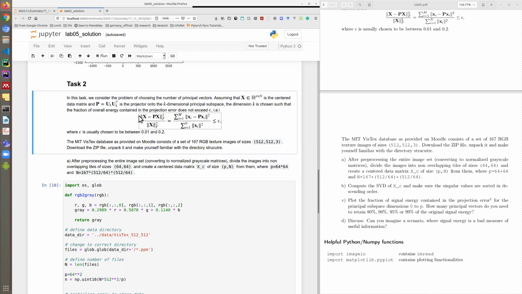This is the way we define energy. We take the Frobenius norm of the numerator and denominator simply to normalize the value, so this value will be between 0 and 1.